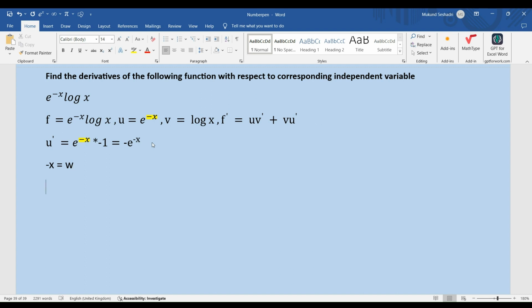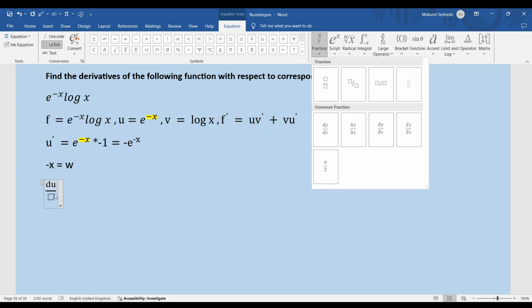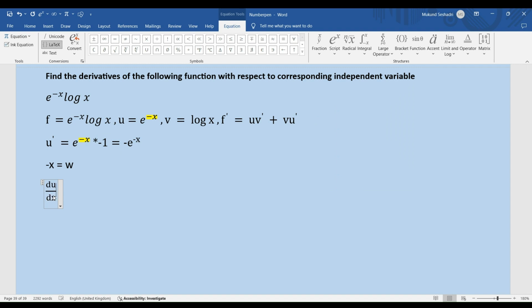So what is my du by dx, right? All I've been asked to find is u dashed, which is du by dx, folks. And what is my du by dx? It is nothing but du by dw into dw by dx, okay?